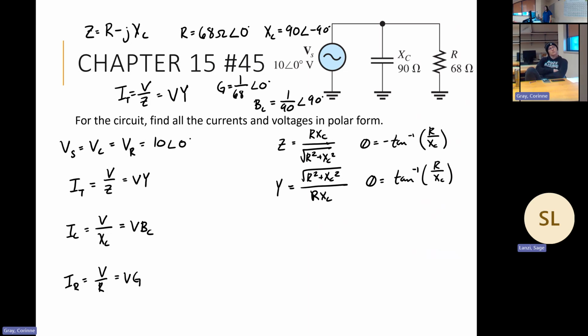Did I flip my angle? Yeah, sorry, it's XC. Just keep those where they are, fix those.